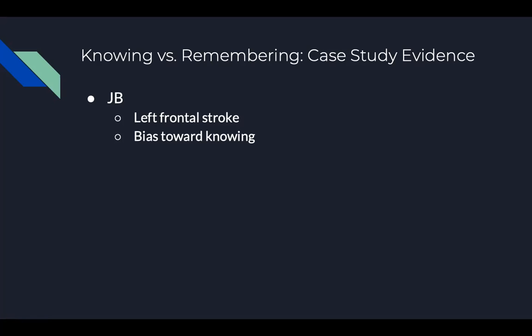He went through a similar sort of word learning task as BG, and he said that he knew the words rather than saying he remembered them. So he was still showing this pattern of incorrectly recognizing the words, right? He was still saying, yes, I've seen that word before, even though he hadn't.